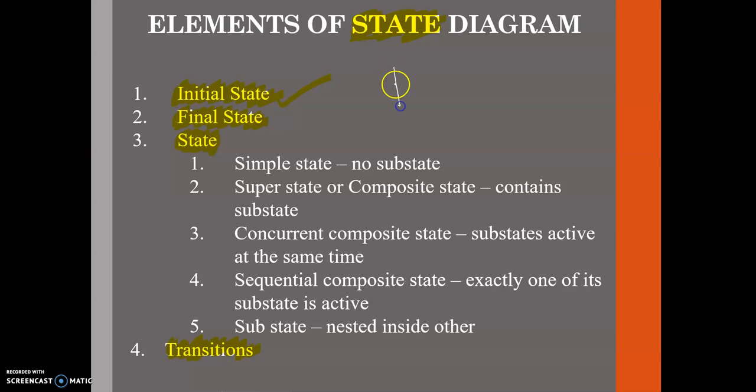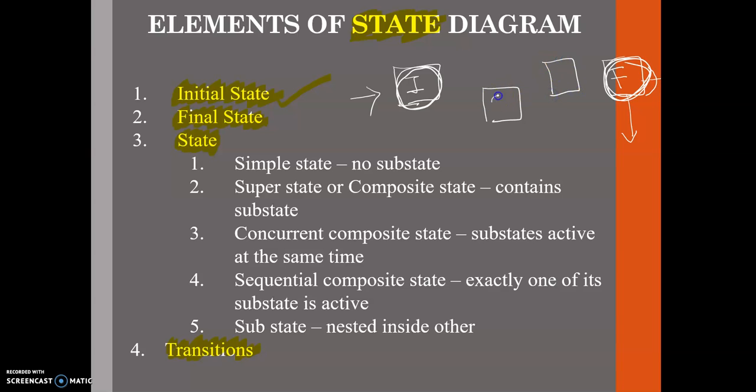So this is your initial state, this is your final state. This is your entry and this is your exit. But in between, this object may have multiple states, like state 1, state 2, it can be anything.